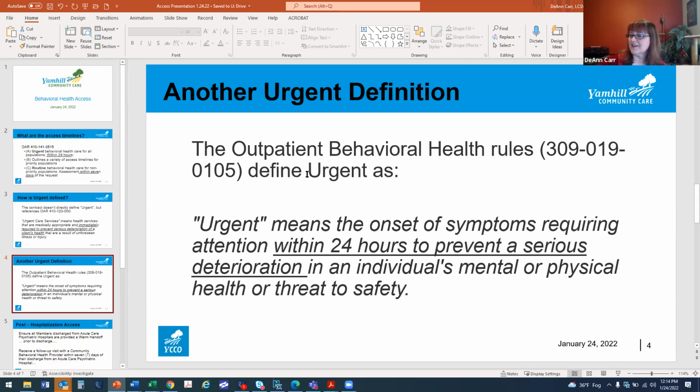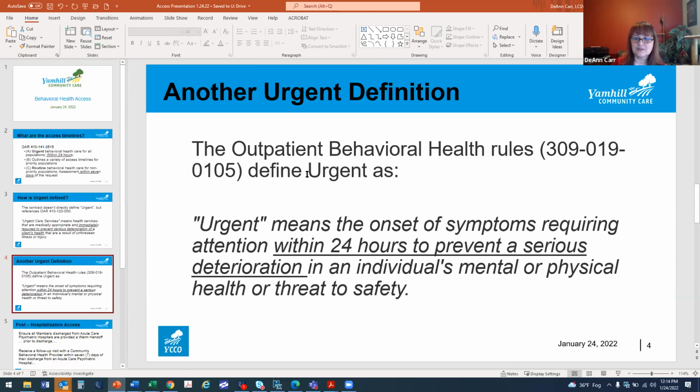So the 309-019 rules, those are the outpatient behavioral health rules. And so if you're really wanting to do a deep dive into different specialty programs, ACT or wraparound or just your traditional outpatient services, this will give you that deeper dive. What's a QMHP? What's a QMHA? But it also speaks a bit more to urgent. What is that?